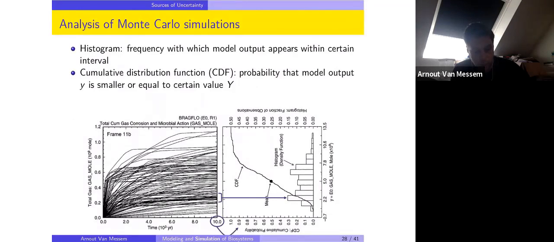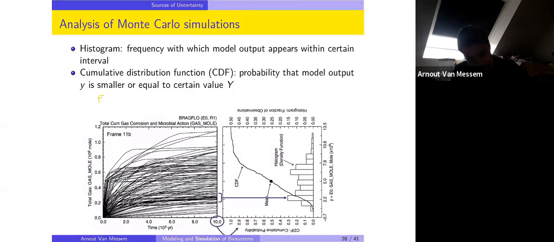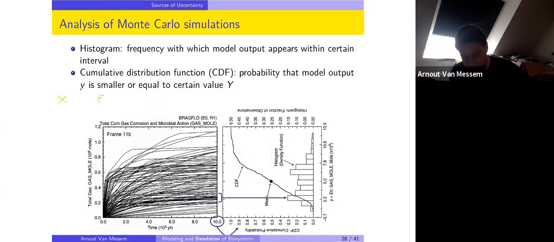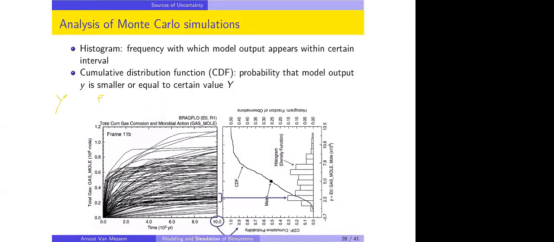So actually y might not be the best choice here for a letter. Or I can keep it y, doesn't matter. So let's say we have a random variable y, which can take on certain values.